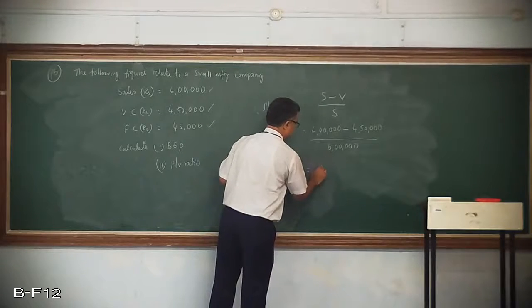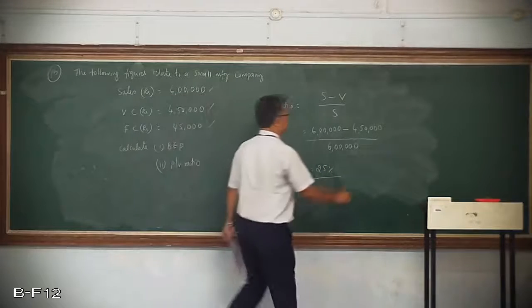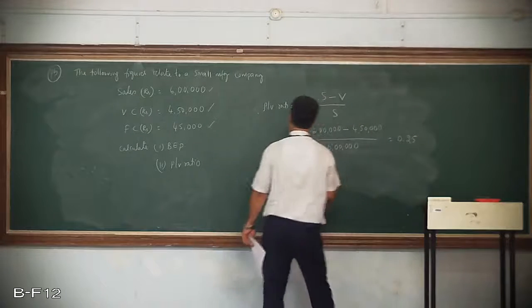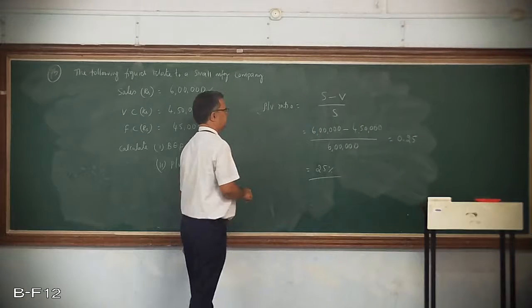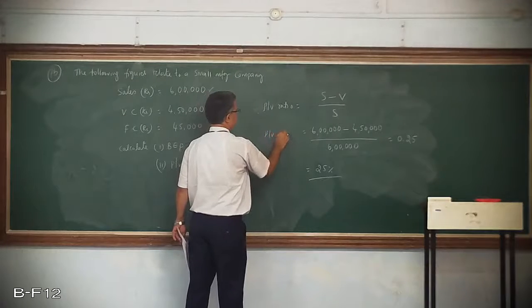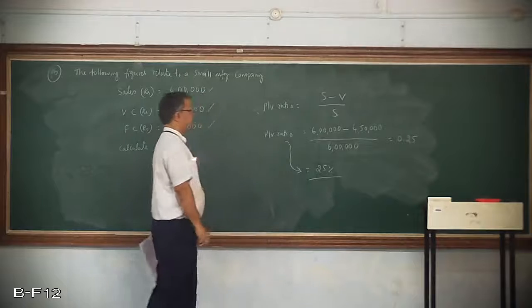It is 0.25, PV ratio 25%, nothing but 0.25. That is the PV ratio.